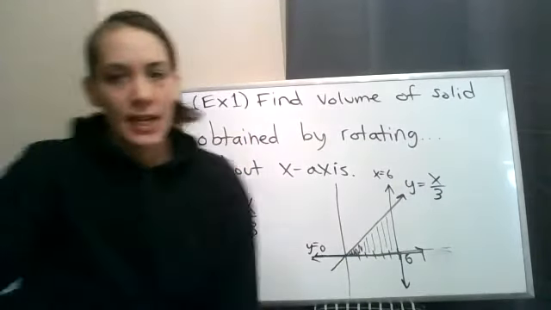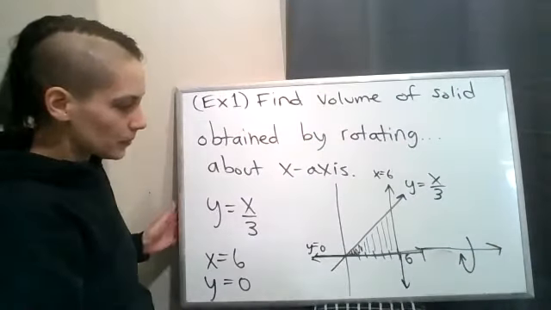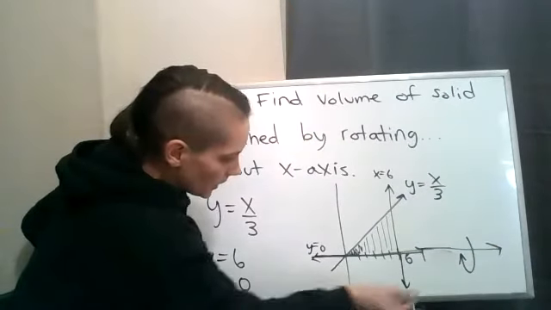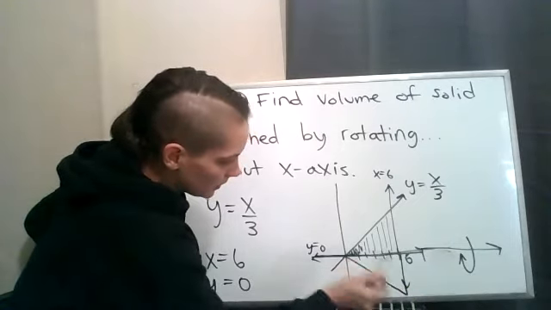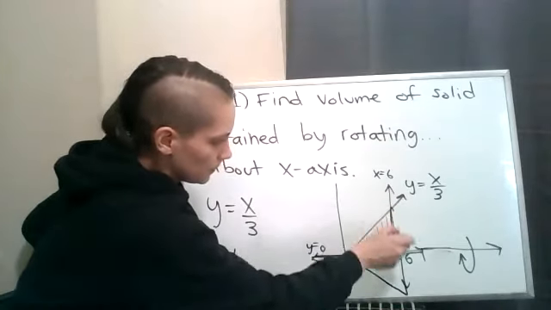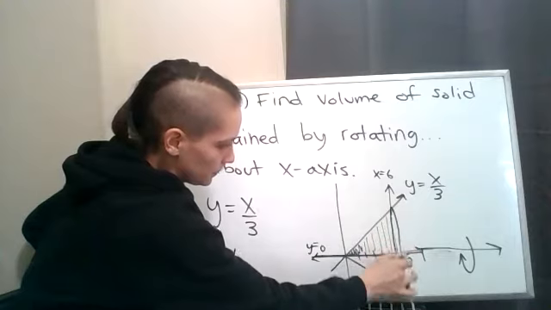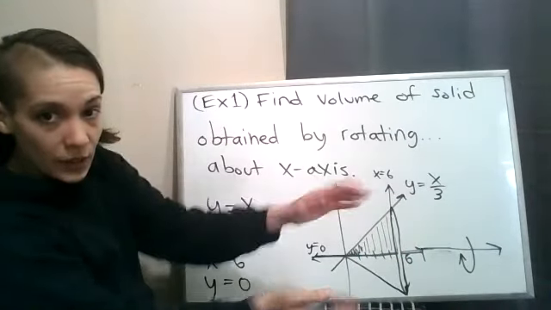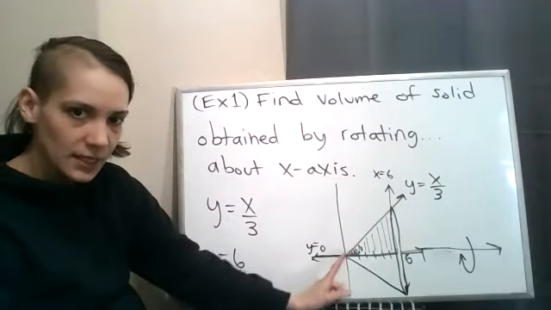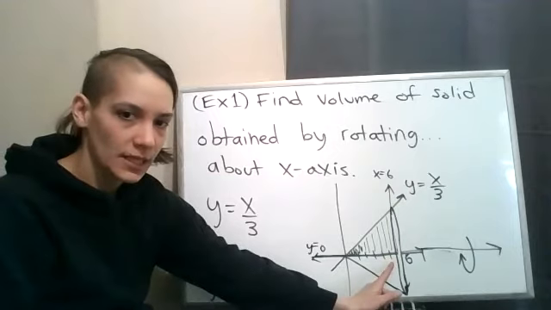And we'll rotate about the x-axis. So let's copy that on this side. So it's kind of like a cone. And with this, we can put discs. The discs will go from x equals 0 to x equals 6.